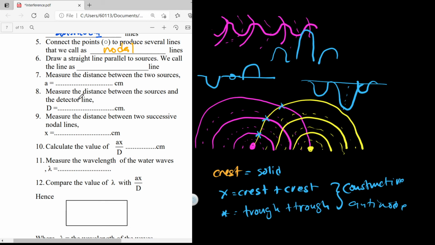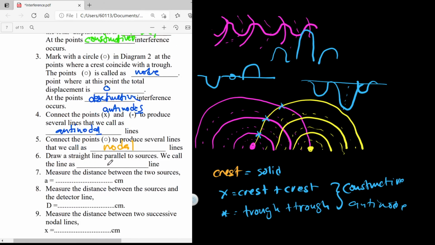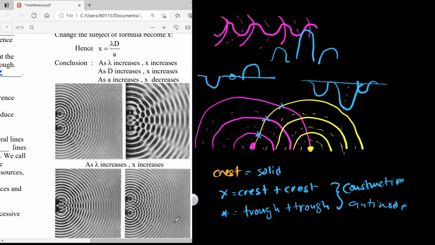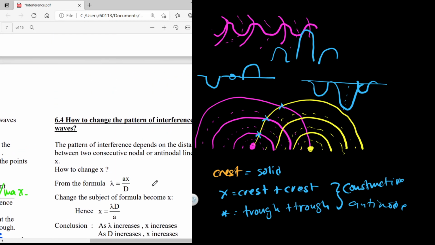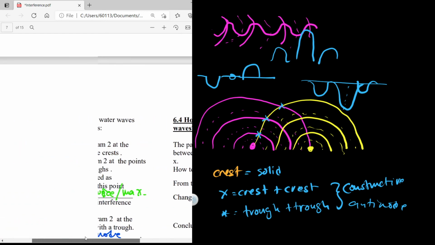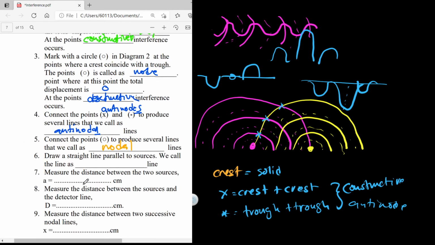Here we call it A. Then we have D and we have X.